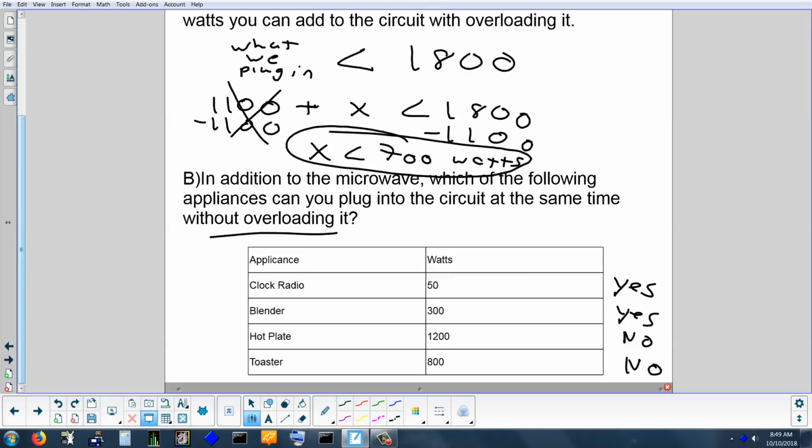The other thing you've got to be careful of, if you know a little bit about electrical stuff, is that a really long cord makes a difference compared to a short cord. If I had a 50-foot cord versus a 2-foot cord, I can't run as powerful stuff on a 50-foot cord because it's so long.